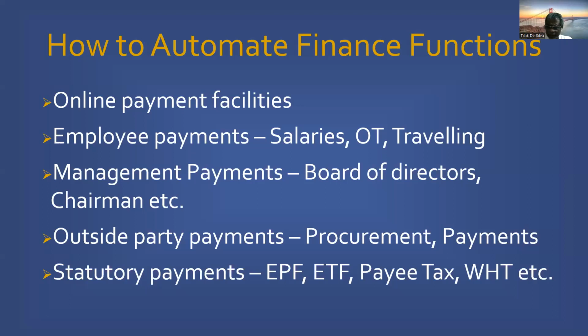Let's have the hard copy of the voucher initially. It should be prepared by somebody and approved by two persons. Prepared, recommended, and maybe approved. Normally, two persons approve. There are three authorized persons to approve a payment and sign the checks.